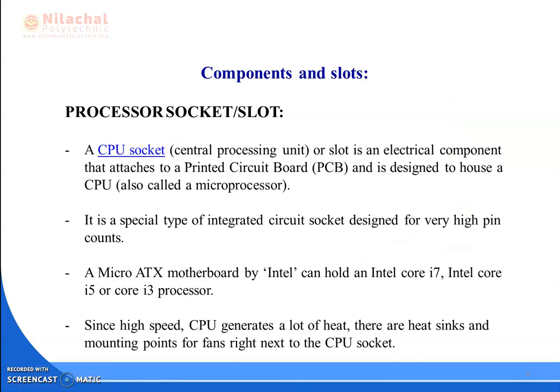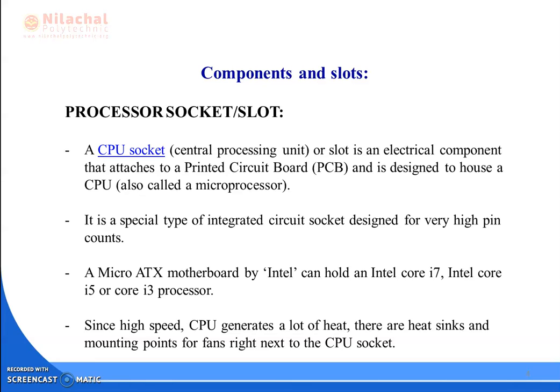The first component we are going to discuss is the processor socket or slot. We also call it the CPU slot. It is an electrical component that attaches to the PCB and is designed to control all the work of the system. It is also called the microprocessor.